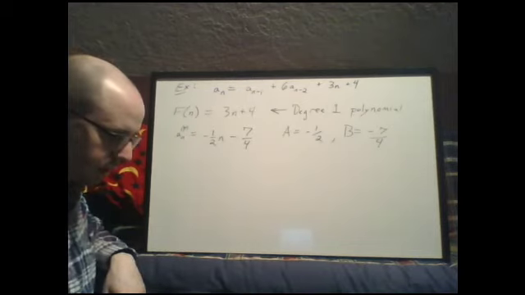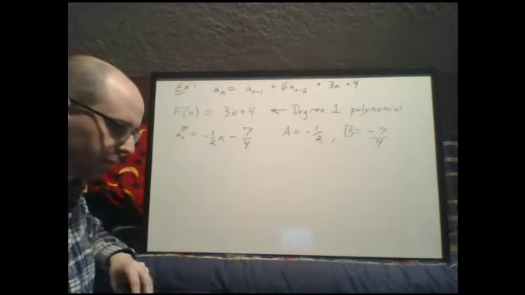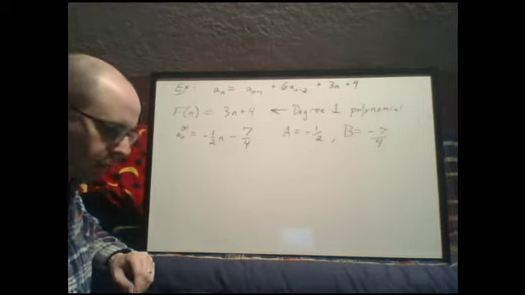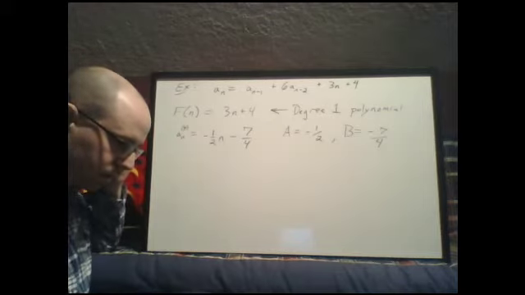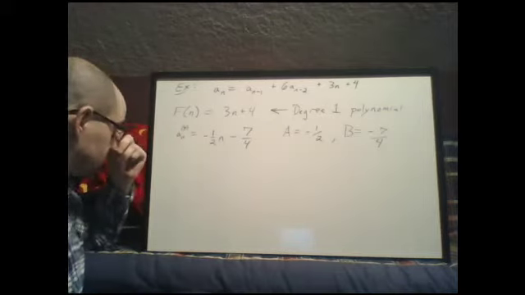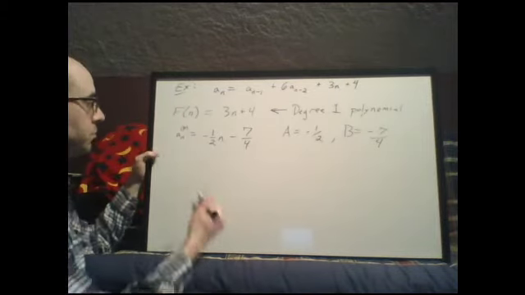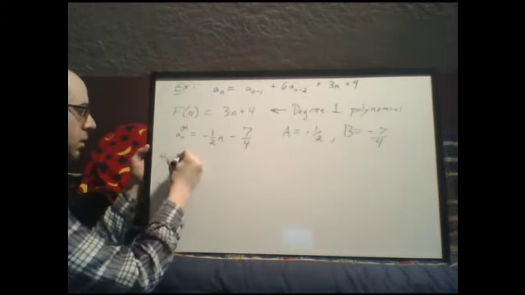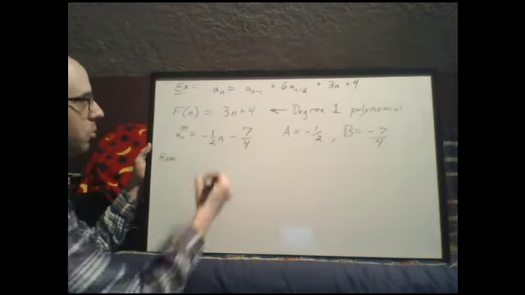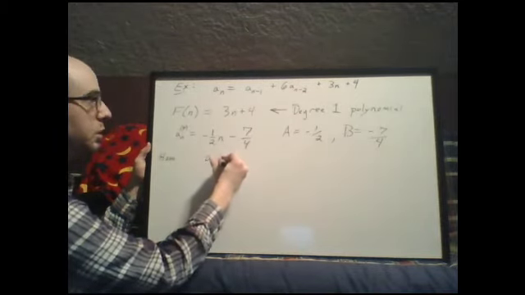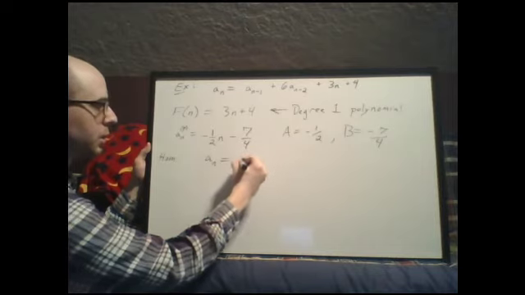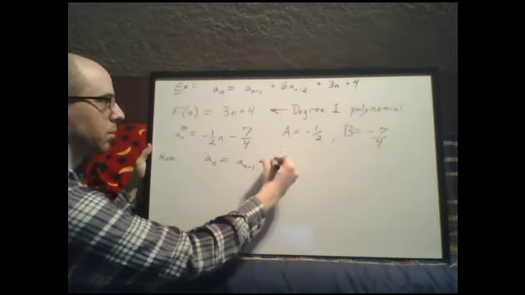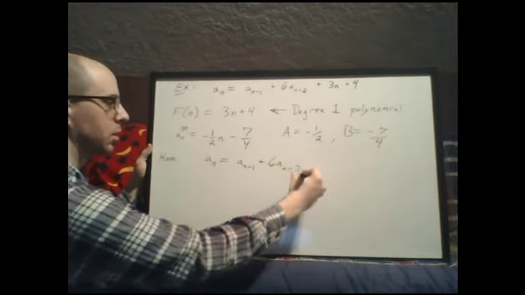All right, so let's do the homogeneous part now, just to complete it. The homogeneous recurrence would be a_n equals a_{n-1} plus 6a_{n-2}.